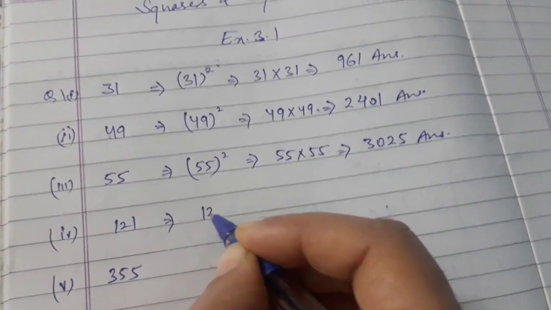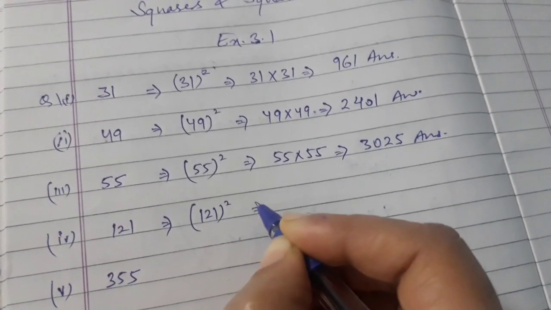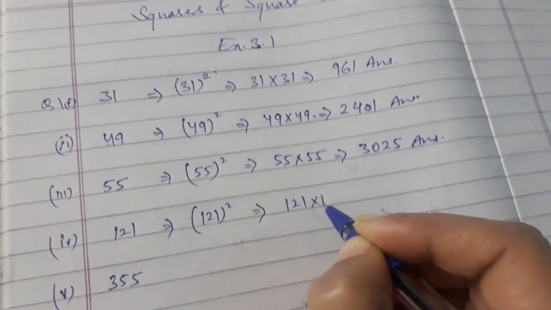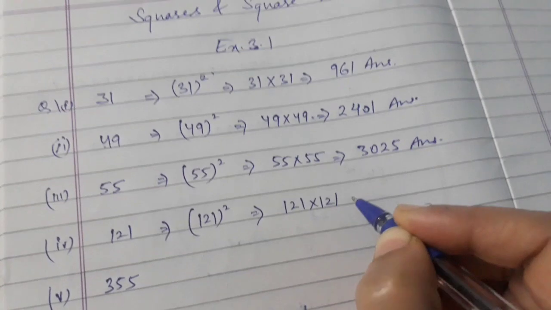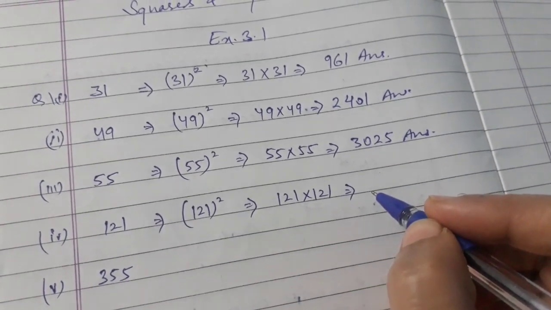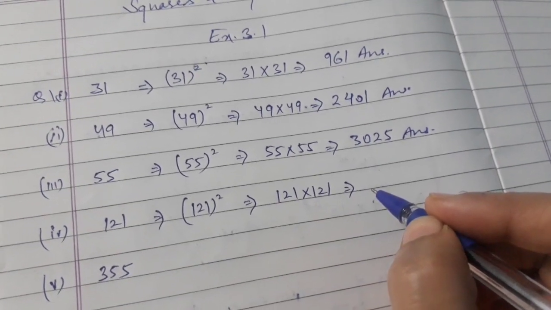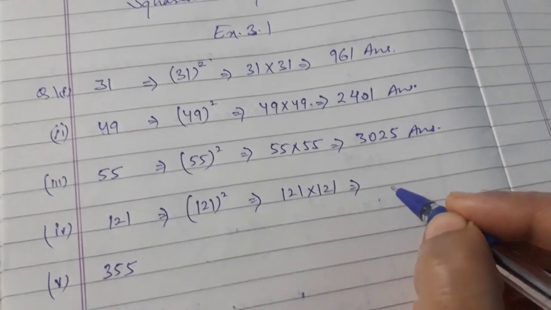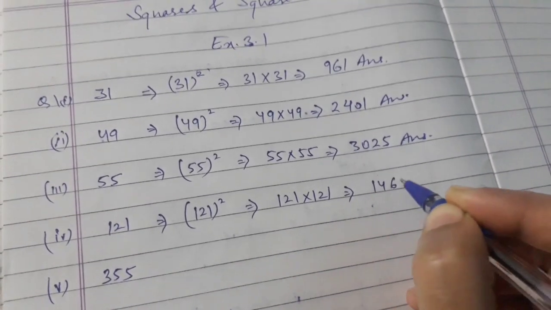The same case with the fourth part also. 121 square means 121 into 121. What would be our answer after multiplying 121 with 121 itself? Our answer would be 14,641.